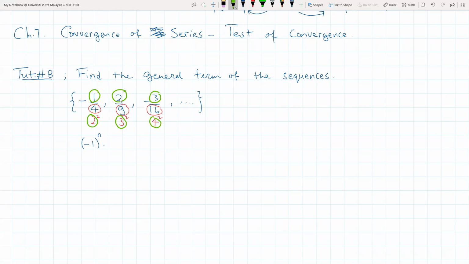And then you can see that 2 plus 1 is 3. So my final general term will be, starting from 1, n over (n plus 1) squared, with n starting from 1 until infinity. So this is my answer for the general term.